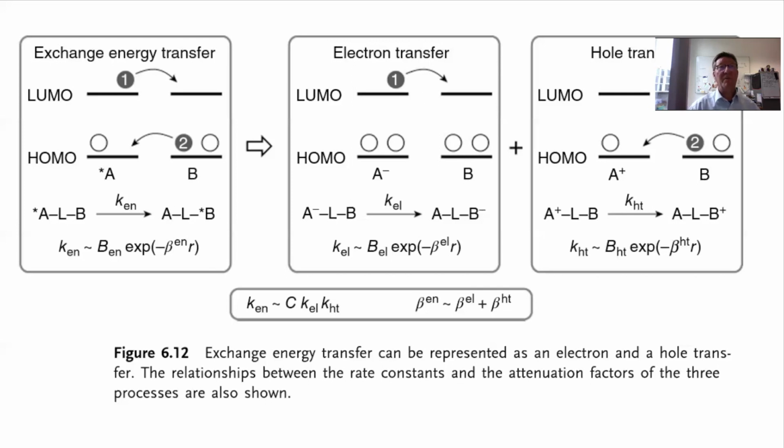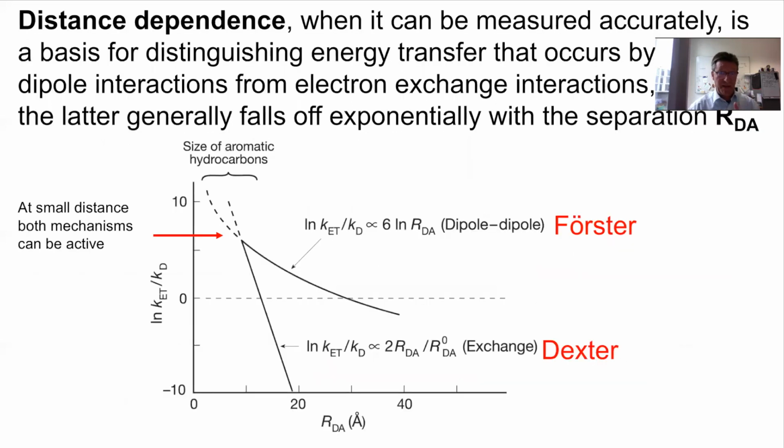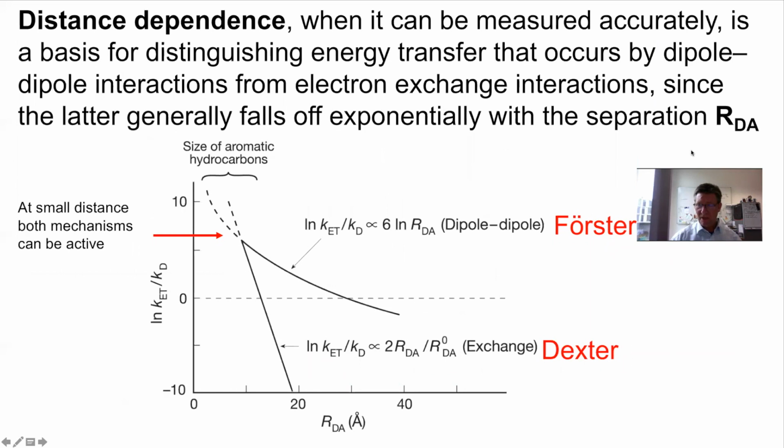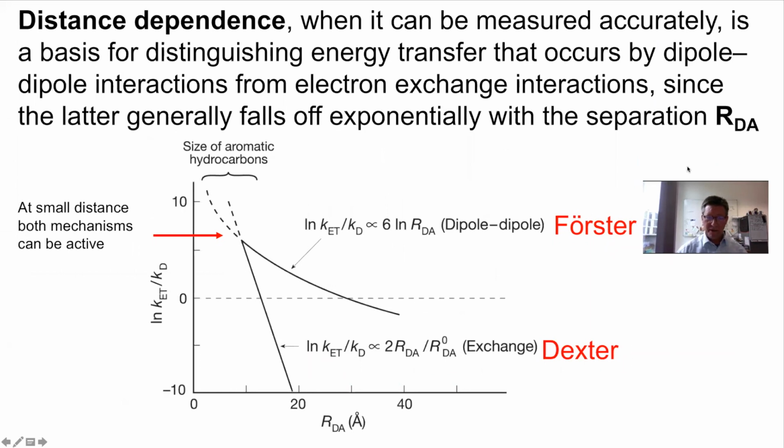So that tells you something about the distance dependence of the Dexter mechanism, and that is different from the one of the Förster mechanism. This displays the difference, and it is related to a situation where the beta is not too big. This sloping line that levels off quite slowly at the end, that is the Förster mechanism.